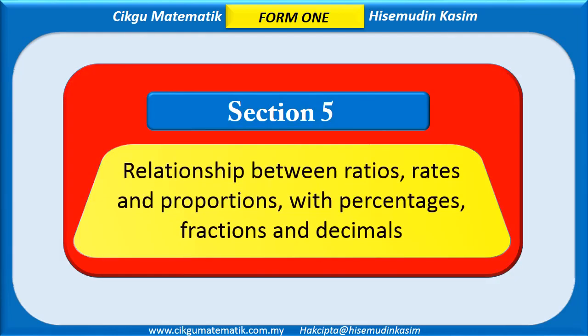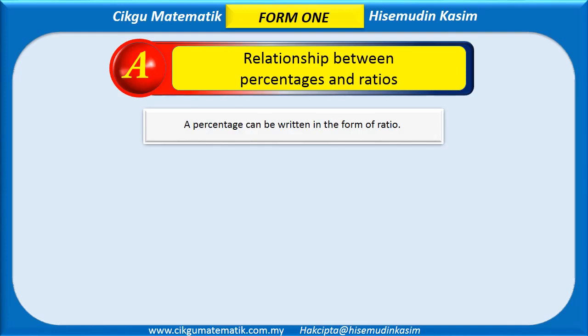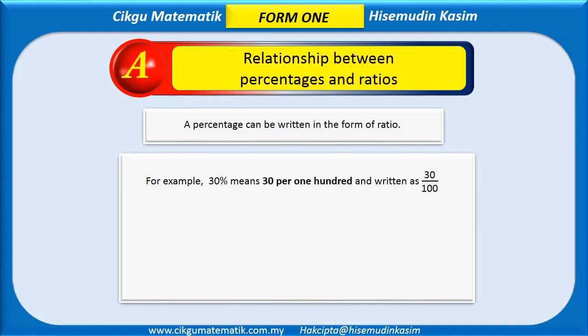Section 5. Relationship between ratios, rates, and proportions with percentage, fractions, and decimals. A. Relationship between percentage and ratios. A percentage can be written in the form of ratio.